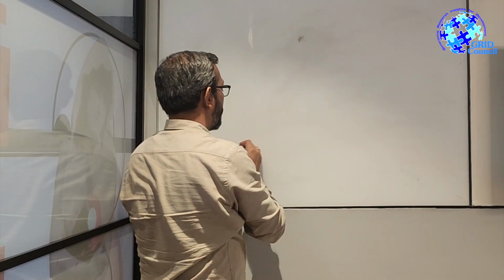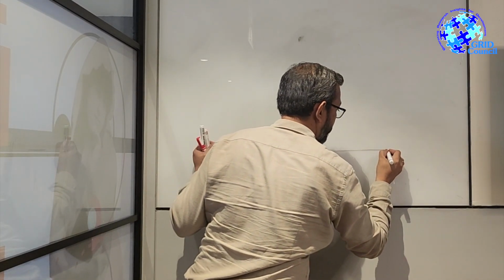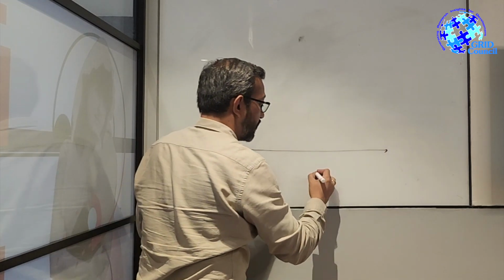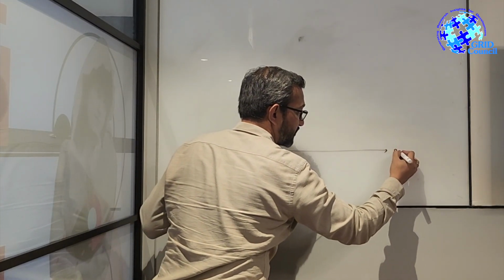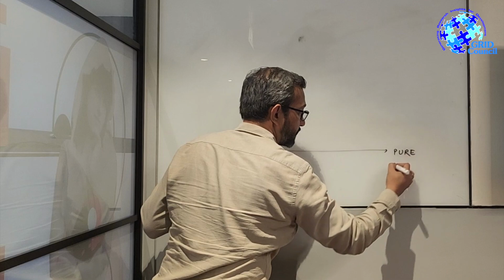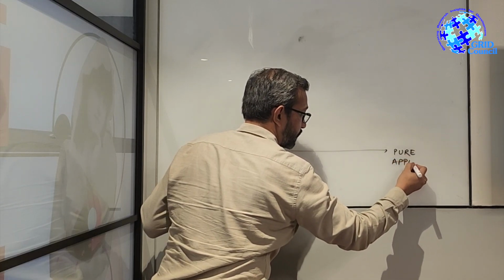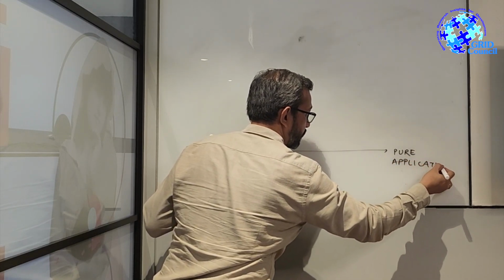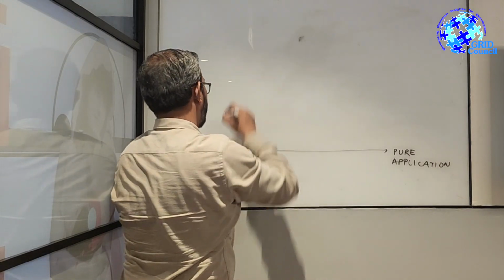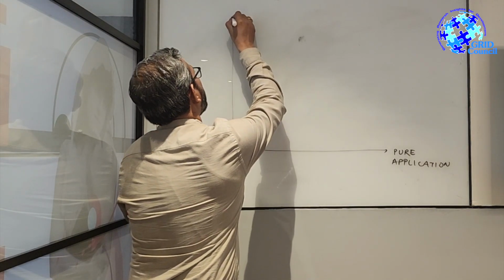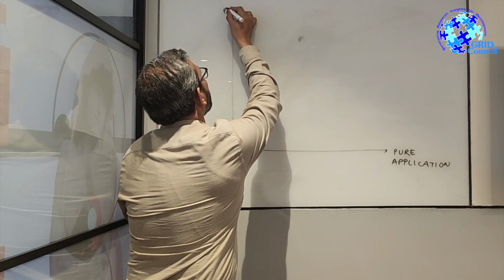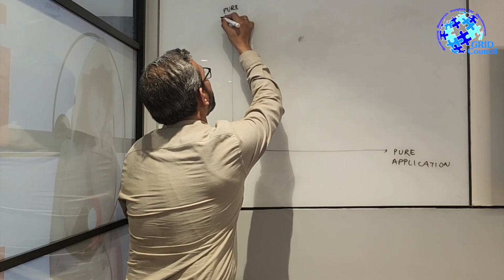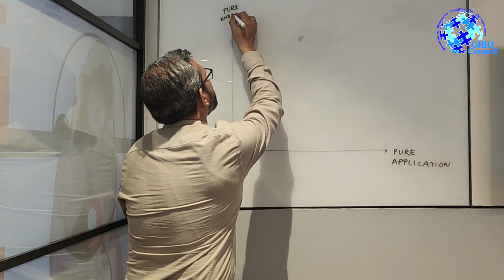Say you have an axis here which is on application. So this is pure application. And here on the y-axis you have yet another line. This is pure knowledge.